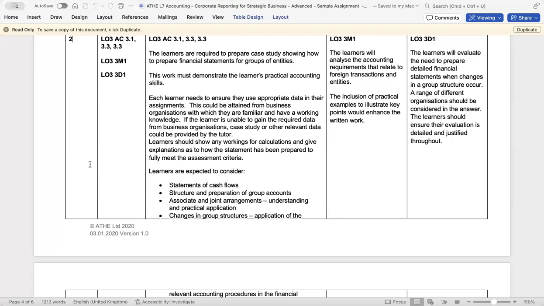Consolidated statement of profit or loss: similar to the statement of profit and loss, but for the entire group, it includes the revenues and expenses of entities within the group, providing a comprehensive picture of the group's profitability. Then fair value adjustments when preparing consolidated financial statements. Fair value adjustments may be necessary to align the carrying amounts of assets and liabilities with their fair values at the acquisition date.